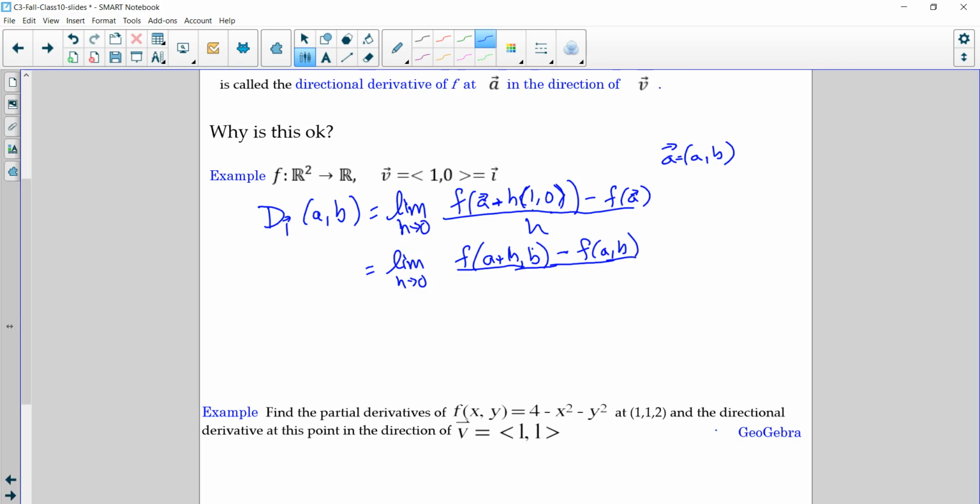If you look closely enough and remember carefully, this is really just the partial derivative with respect to x at the point (a, b). So the directional derivative along the x-axis, using the unit vector in the x direction, is just the partial derivative of f in the x direction. Similarly, the partial derivative with respect to y is defined the same way. So this definition really is just a generalization of a partial derivative.